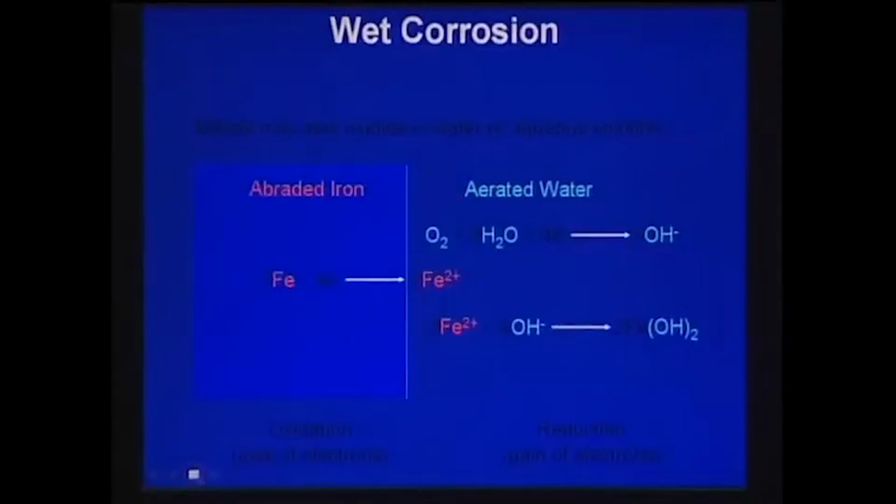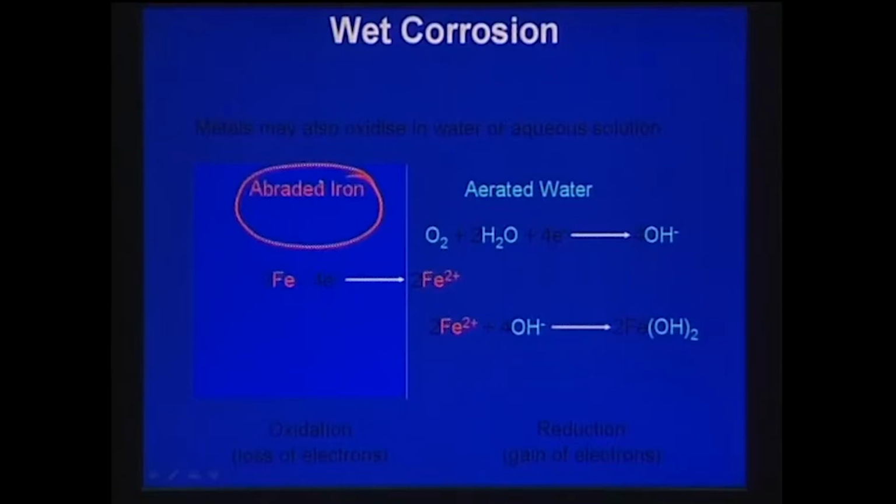And wear resistance wise also, metallic materials have lower hardness, and therefore they have a higher wear rate. Now, wet corrosion behavior is what is important for metallic materials. Wet corrosion means, for example, this is abraded iron, that is, iron or iron based steel materials.